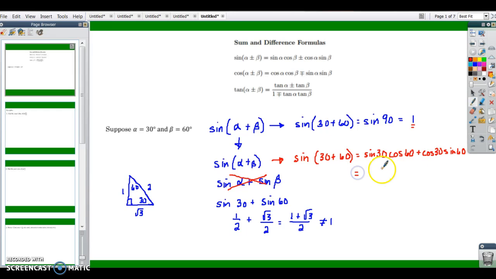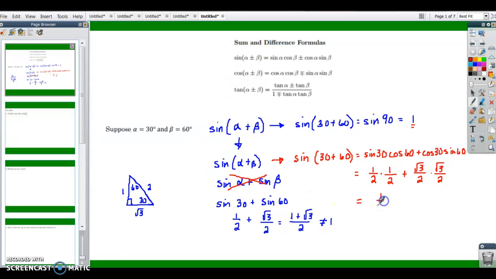So let's see how that works. The sine of 30 is 1/2. Sorry, cosine of 60 is 1/2. Cosine of 30 is root 3 over 2. And the sine of 60 is root 3 over 2.